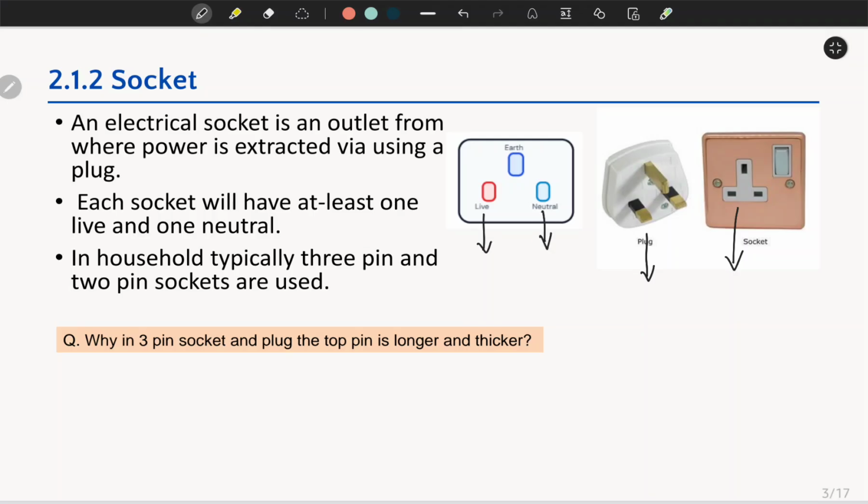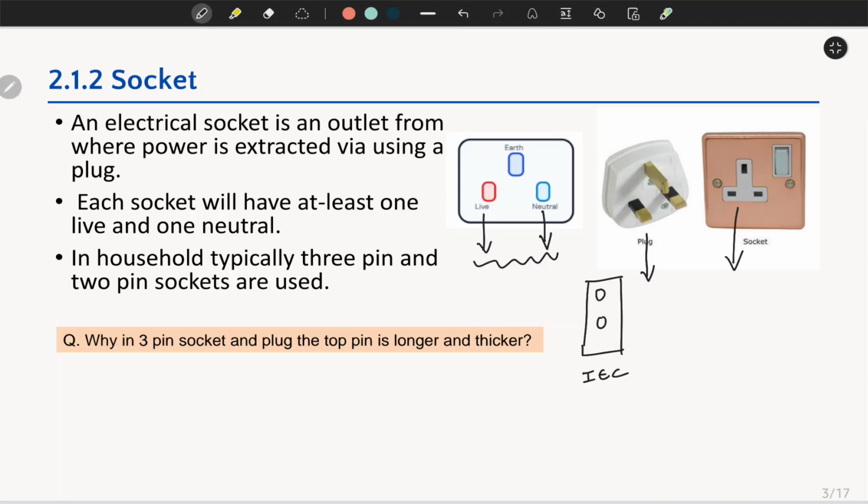They can be more terminals or holes, but that will depend on the application. In our household we generally use this 3-pin, or we can use a 2-pin if you have seen it like this, which is mostly used in IC based electrification.